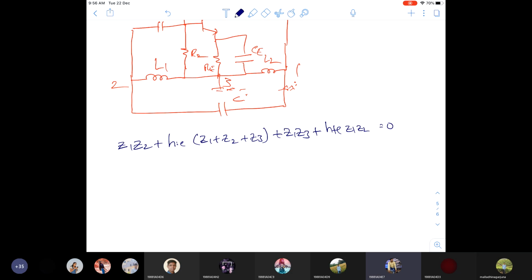This is the general form of the equation.